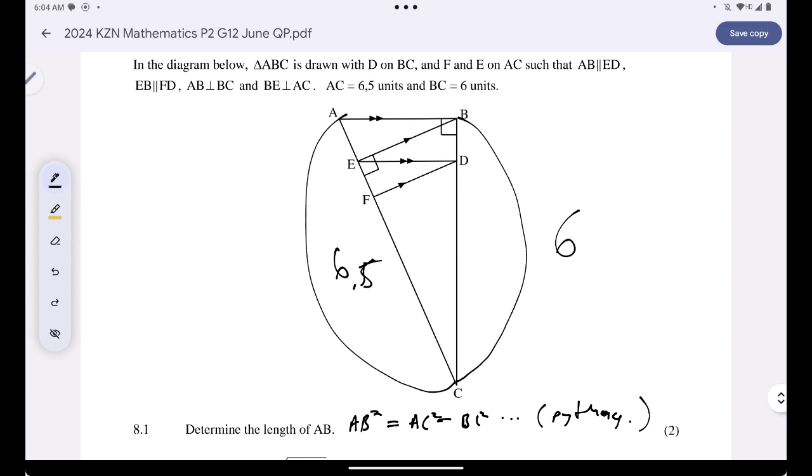Okay, so I can just say the square root of 6.5 squared minus 6 squared. What will I get? 2.5. AB is equal to 2.5. Let me write here. AB is 2.5 units.